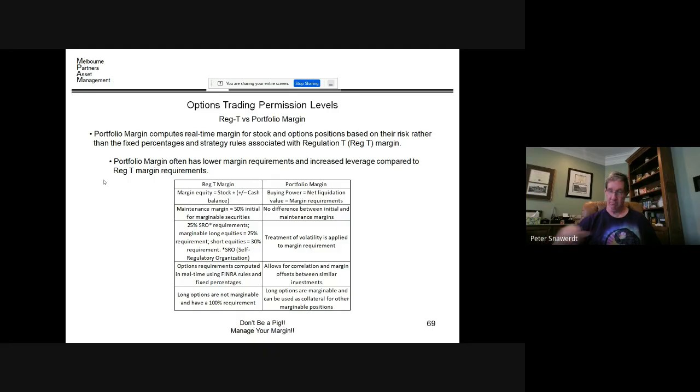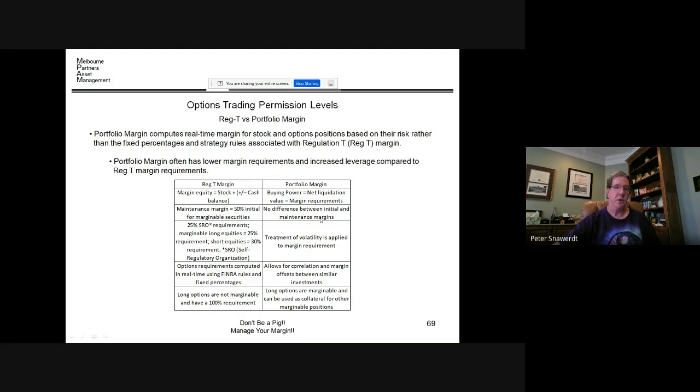Reg T, on the other hand, does not. Reg T margin is based more upon individual trades. There's a table of different things that go on here under Reg T margin versus portfolio margin with what the difference is. Portfolio margin doesn't have any difference between initial and maintenance margin.